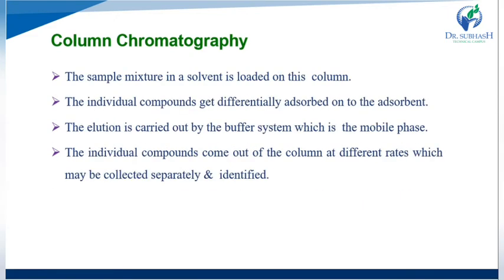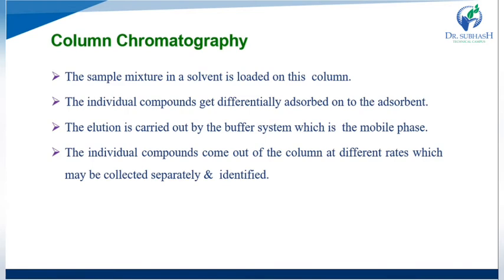The sample mixture in solvent is loaded on the column, so the individual compounds get differentially adsorbed on the adsorbent. Elution is carried out by the buffer system, which is the mobile phase. The individual components come out of the column at different rates, which may be collected and separately identified.